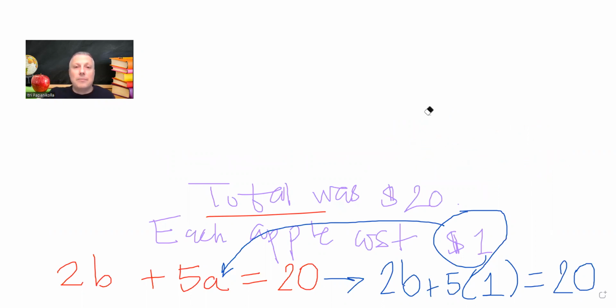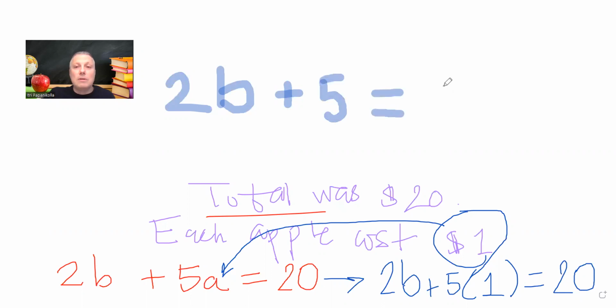Going back to this, we have 2B plus 5 times 1, which is 5, equals 20. So that's our next step, now that we knew how much the apples were.